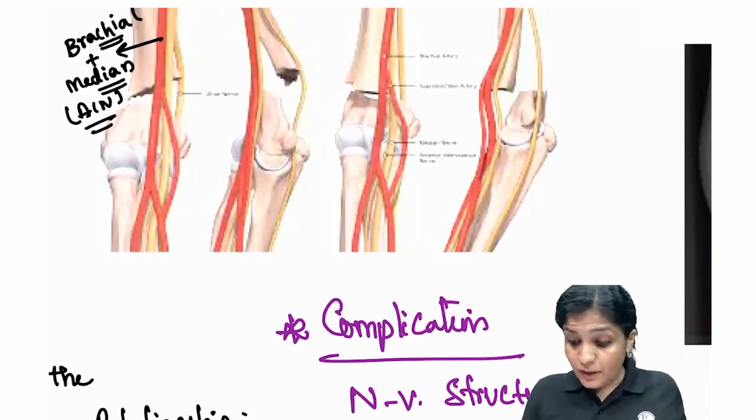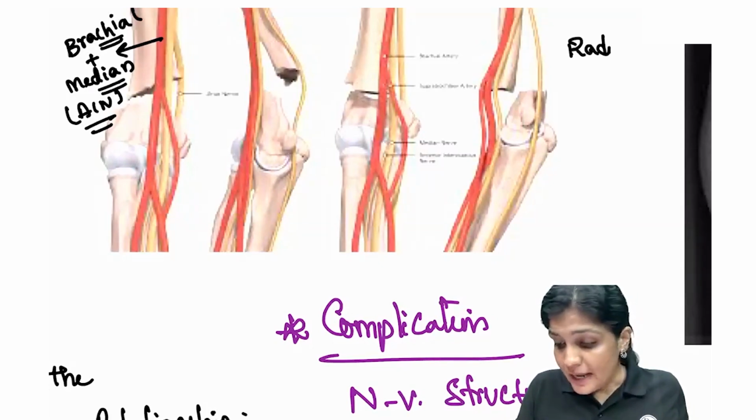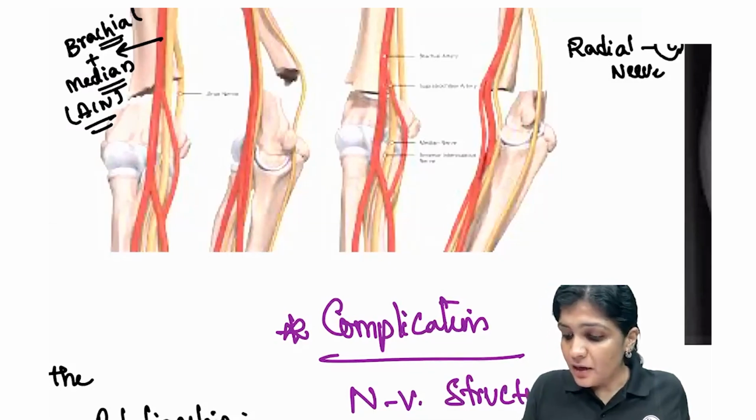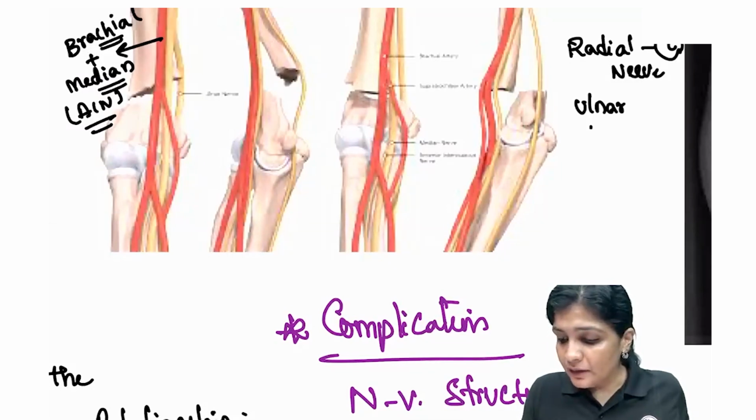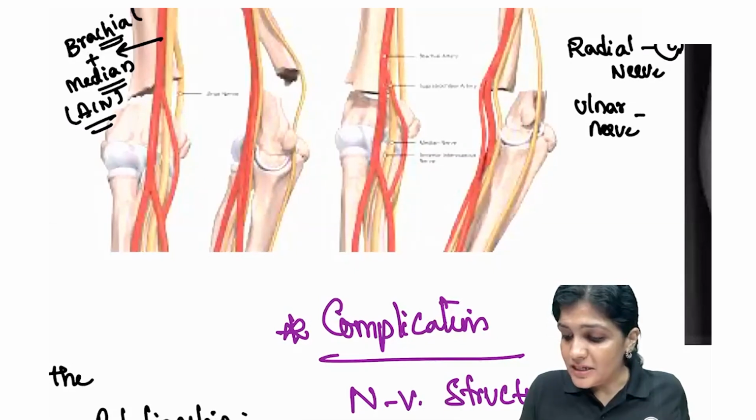Sometimes it might also damage the radial nerve on the lateral aspect, or the ulnar nerve on the medial aspect.